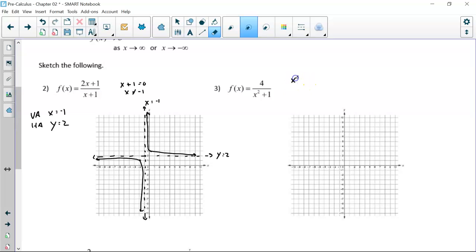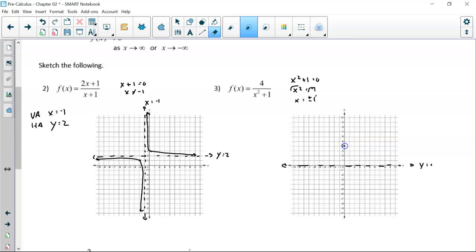Now our denominator, set x squared plus 1 equals 0. x squared equals negative 1. Take the square root. x equals plus or minus i. That's not real. That's imaginary. So we don't have any restrictions on x. And when you graph it, you'll find out that there's a horizontal asymptote at y equals 0.